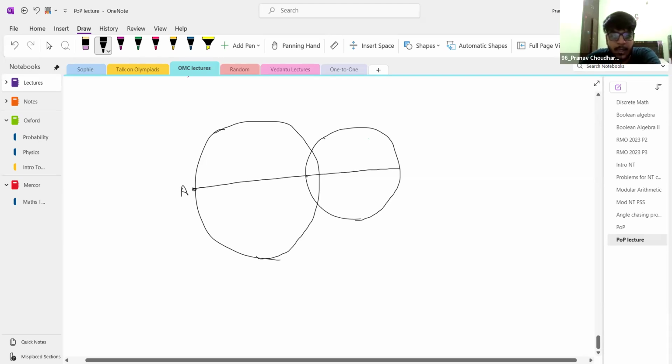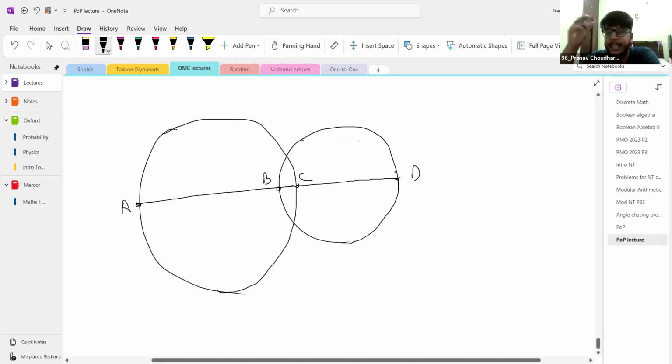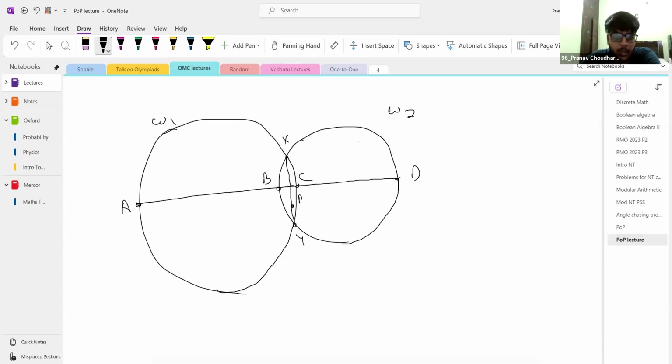So you have 4 points A, B, C, and D, and AC and BD are diameters of two circles. Let's call them omega 1 and omega 2. Let the intersections be X and Y. You pick a random point P on this segment XY. XY intersection BC is Z.